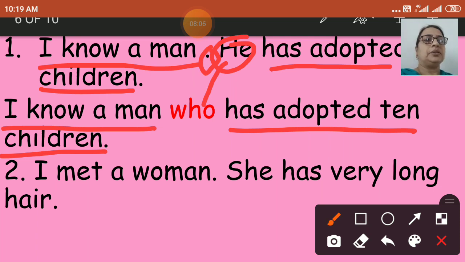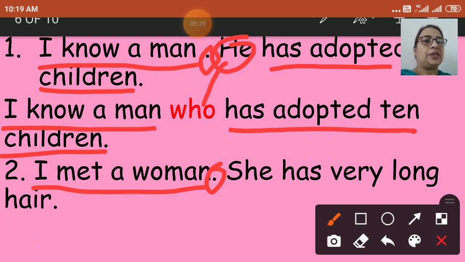I met a woman. First sentence, she has very long hair. I met a woman, she has very long hair. So what we learn, how to join these sentences using who? First thing, we are going to copy down this sentence as it is. I met a woman. Then we are going to remove this punctuation mark.